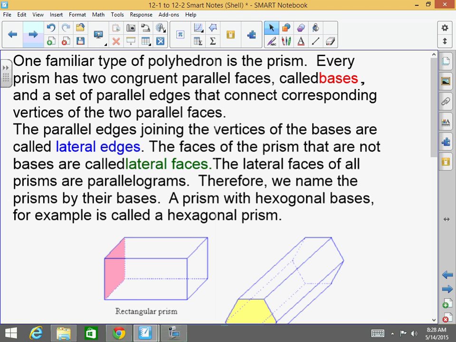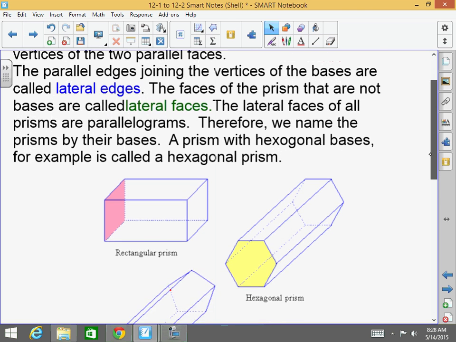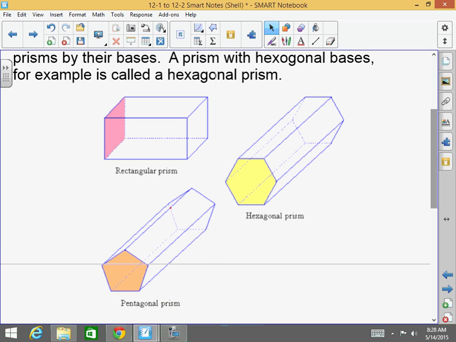I have some examples that I'm going to pass around that you can actually touch, but let me just go over this right now and then I'll hit pause. If you can see here, guys, you recognize a prism by finding two identical bases.